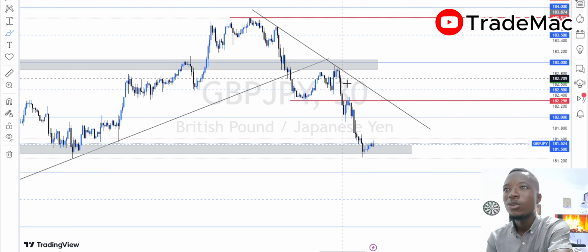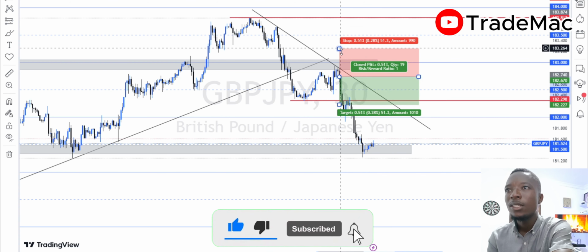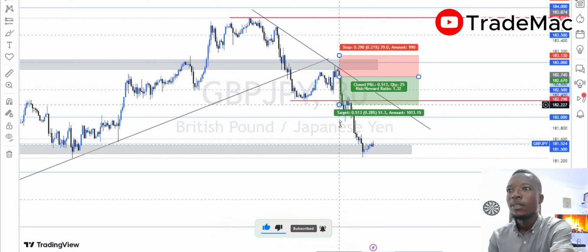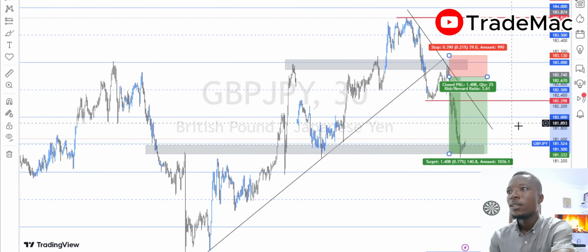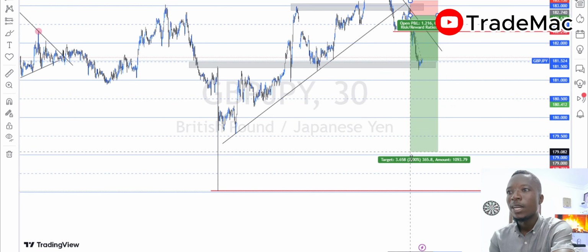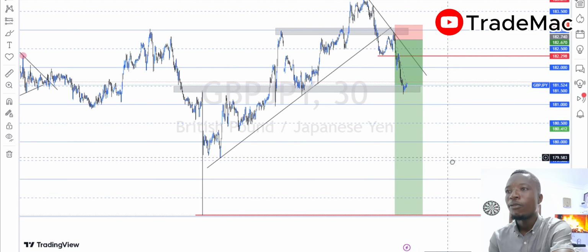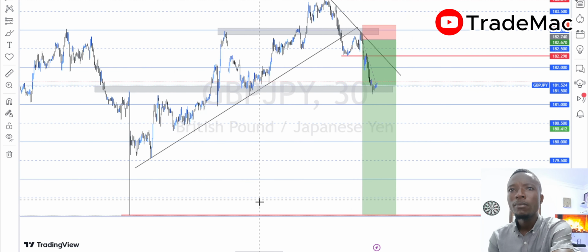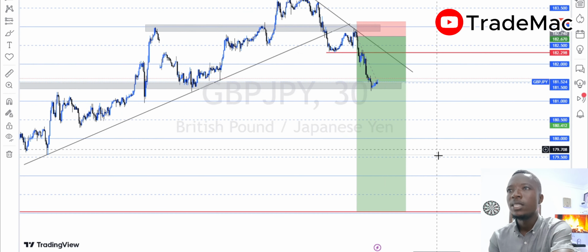So immediately I saw this, I entered a position again, stop loss above, and I anticipated my first TP to be here, my first TP to be there, which got smashed, and then my second TP, my final TP, is the last zone right here, which is indicated red right here, and that is my final TP.